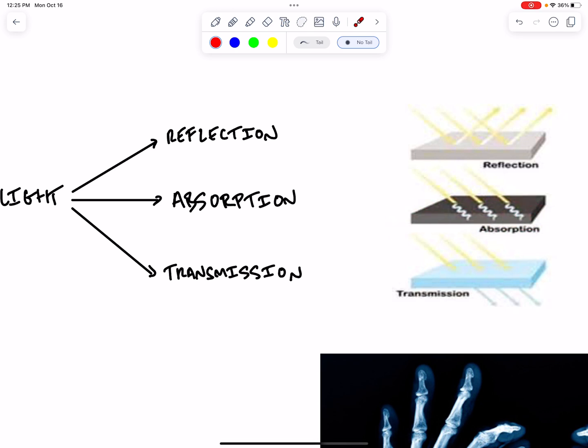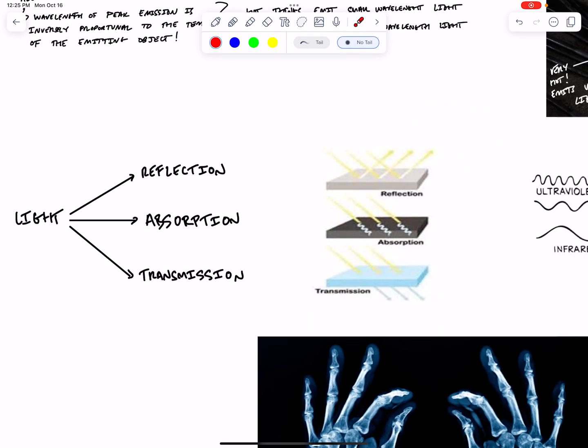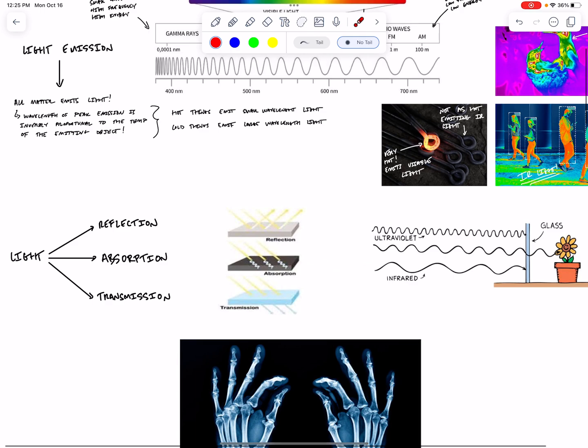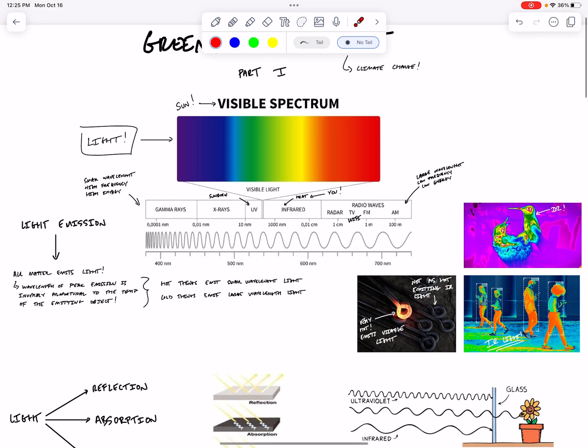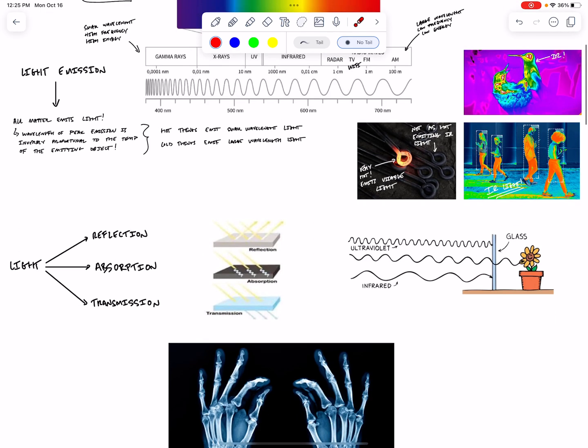The third thing that can happen is that light can hit matter, and it can pass through the matter, and that's called transmission.